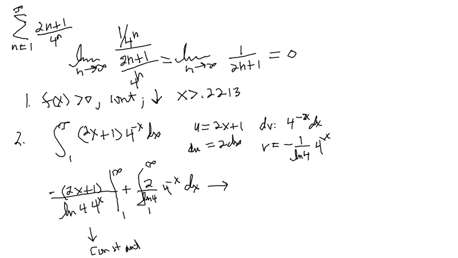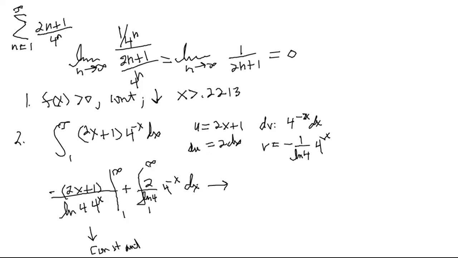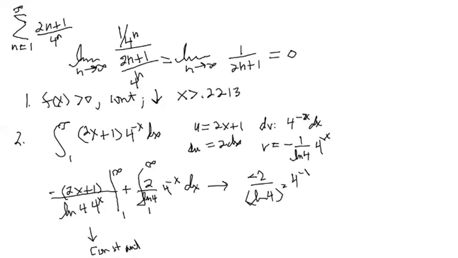This heads to, let's see, negative 2 over natural log of 4, squared, because you'll need a couple of those for this integration. 4 to the negative x, and that's going from 1 to infinity again. And this too, once evaluated, you'll see that 4 to the negative infinity ends up as a 0, and you'll get a constant, so another constant.